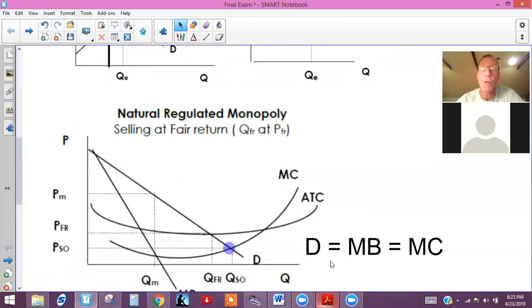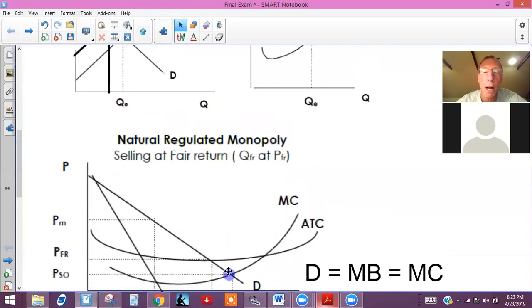Okay, that's where they're allocatively efficient. Remember, socially optimum is where marginal benefit equals marginal cost equals demand. So socially optimum is the same thing as saying allocatively efficient. Okay? And in perfectly competitive, it's all the same.